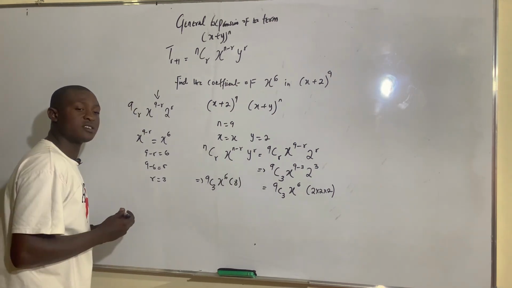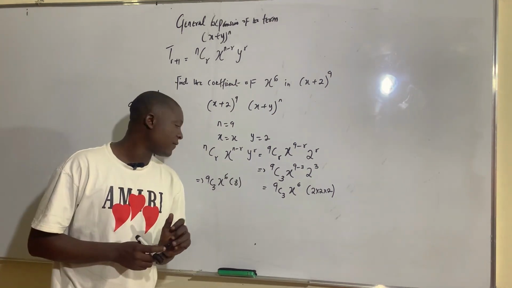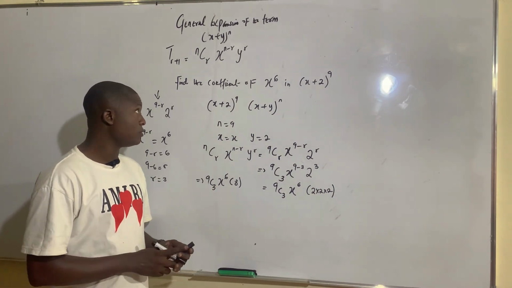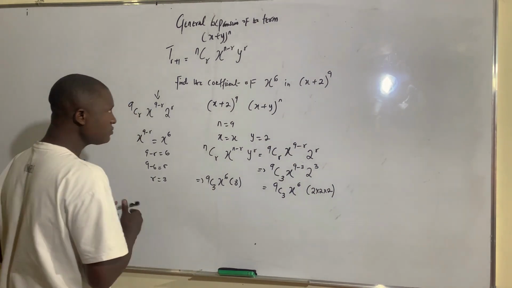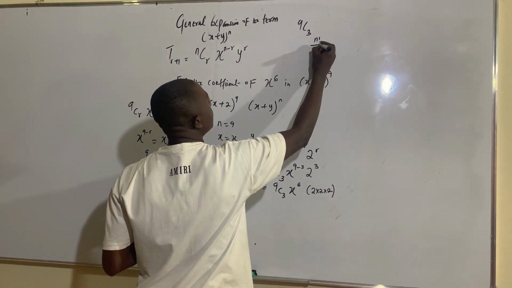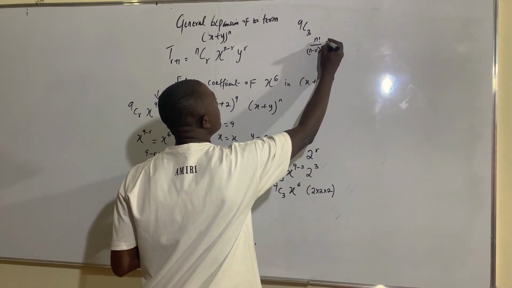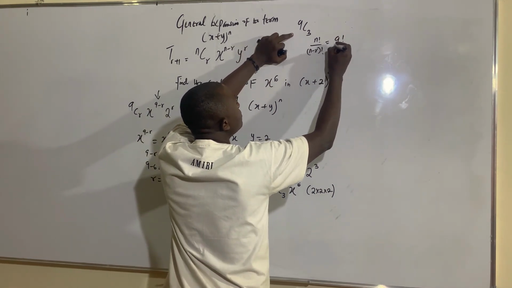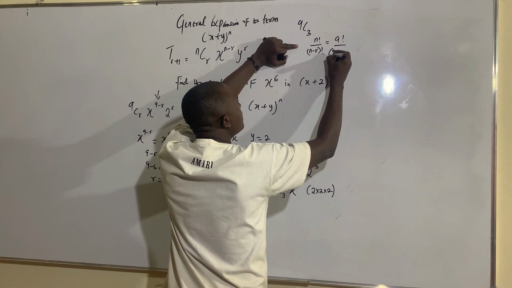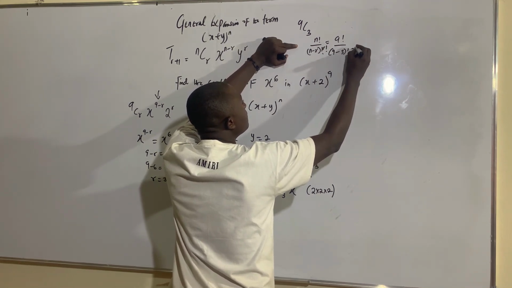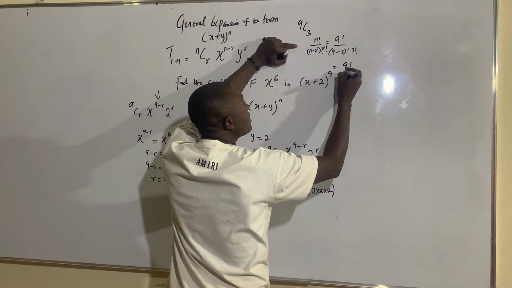So leave this one as an exercise for you guys. I've mentioned it earlier, how can we find 9 combination 3? But let me quickly show you how to do that. 9 combination 3, that's n factorial over r factorial times n minus r factorial. So n here remains as 9. That is 9 factorial divided by 3 factorial times 9 minus 3 factorial.